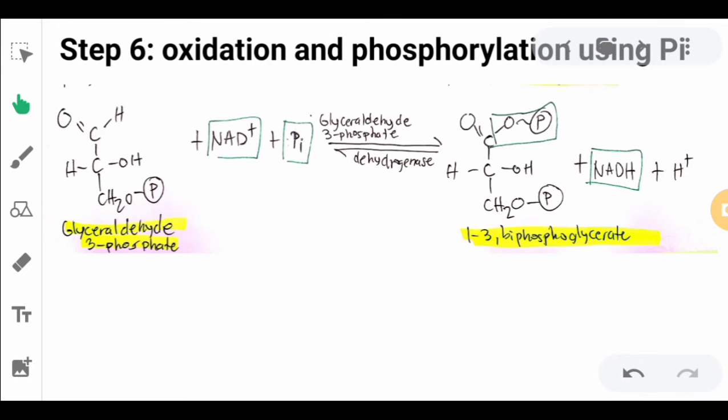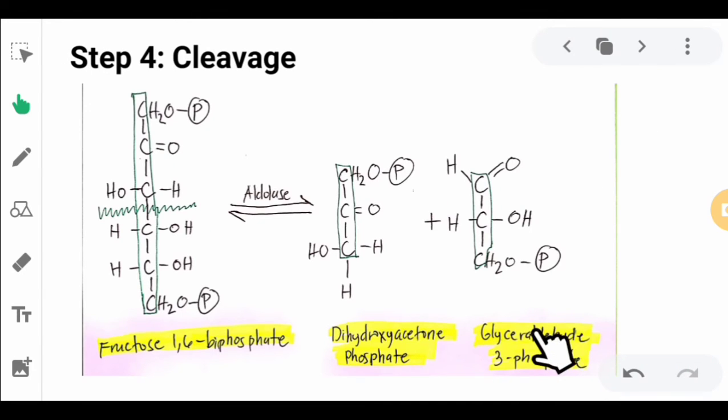Next, for step 6, oxidation and phosphorylation using an inorganic phosphate. This inorganic phosphate, the i is a subscript, so that is P sub i. The glyceraldehyde 3-phosphate from step 4 will also undergo this process. Since the dihydroxyacetone phosphate undergoes step 5 to be converted into glyceraldehyde 3-phosphate, there are 2 glyceraldehyde 3-phosphate, one from step 4 and one from the isomerized product.